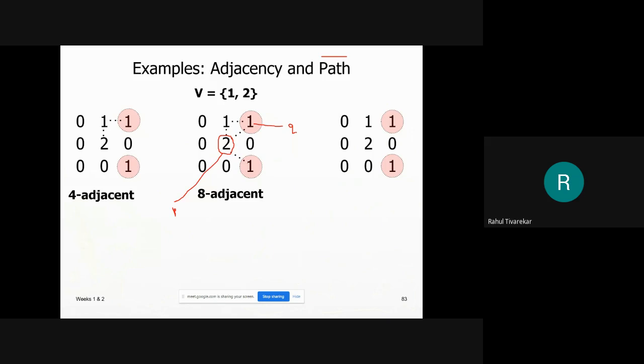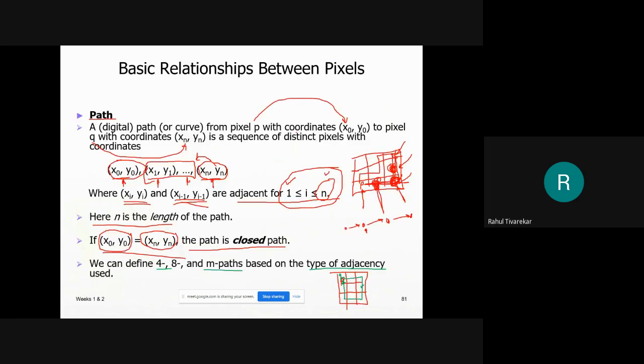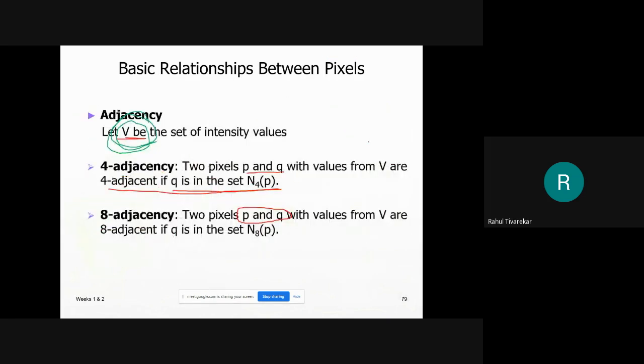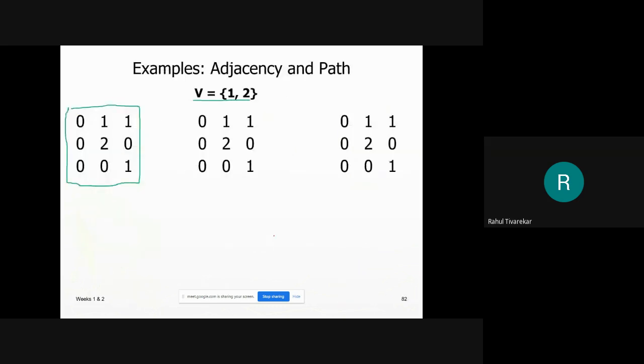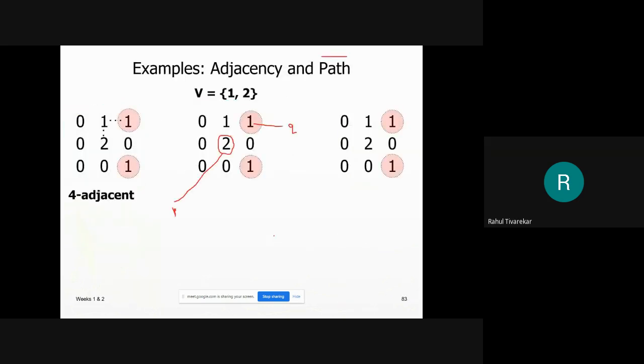What is the rule for 8 adjacency? They should be 8th neighbors of each other. P should be in the 8th neighbor of Q, or Q should be in the 8th neighbor of P. So can you see whether P is the 8th neighbor of Q or whether Q is 8th neighbor of P?